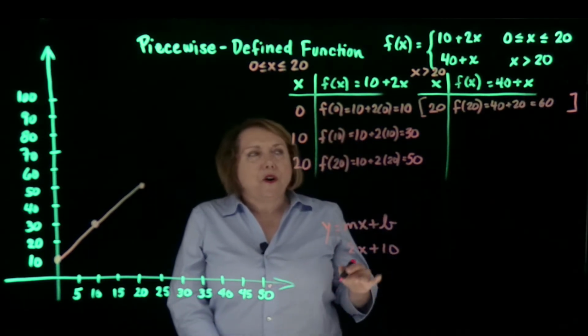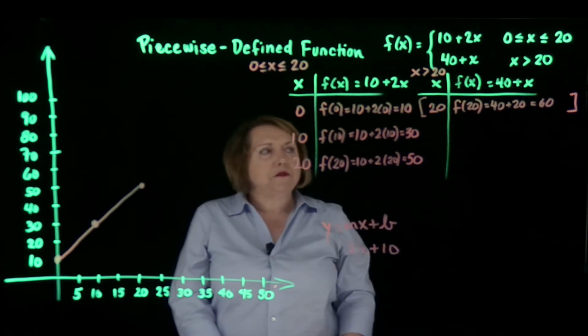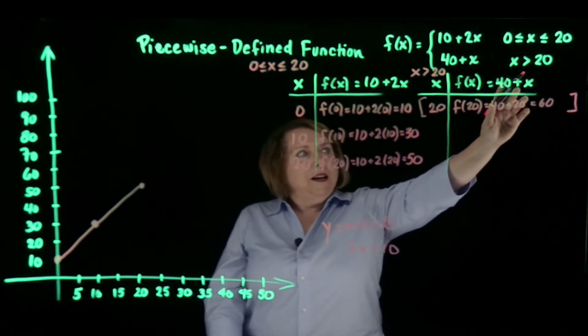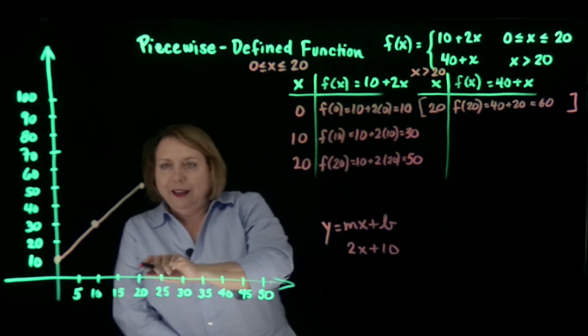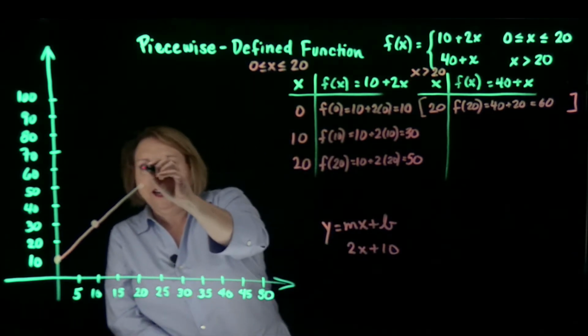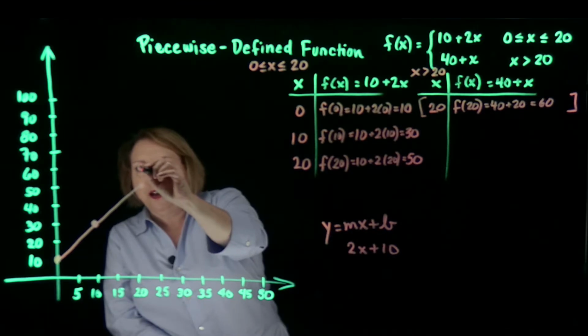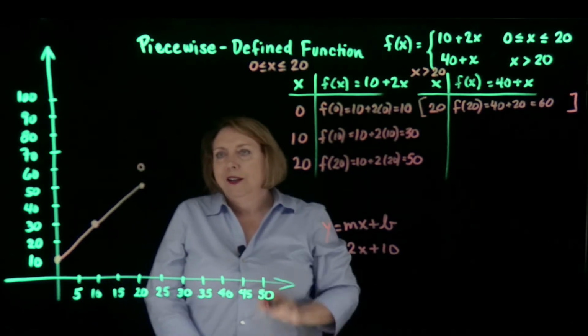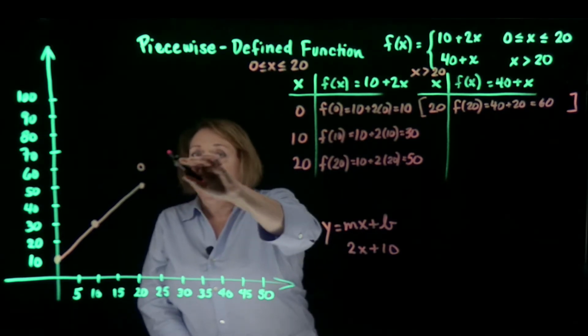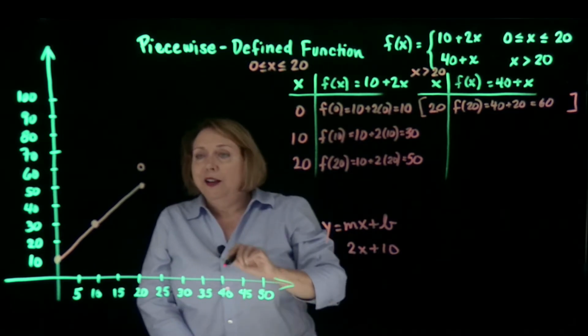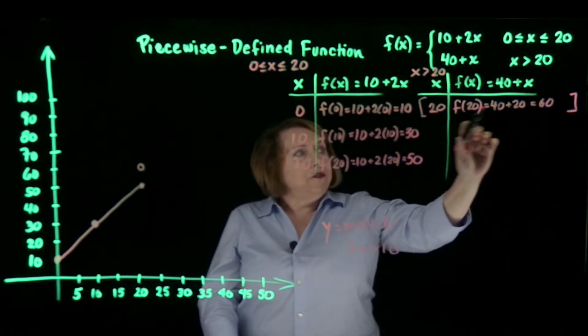This gives us a starting point for this part of the function. But because x is going to be greater than that point, if I go to 20 and then I go up to 60 right here, I'm not going to put a solid dot, I'm going to put an open dot, because that is where this part of the function is starting, and it will continue on from there. But it's not defined for x equals 20.